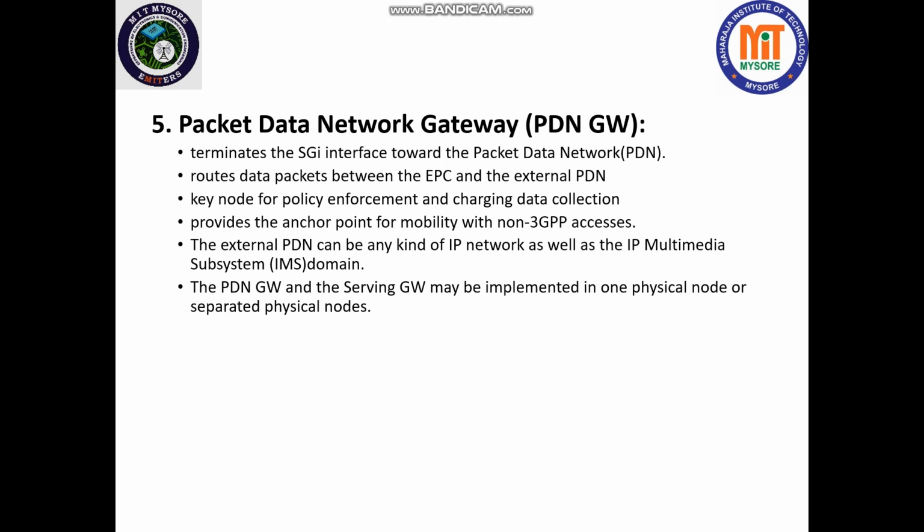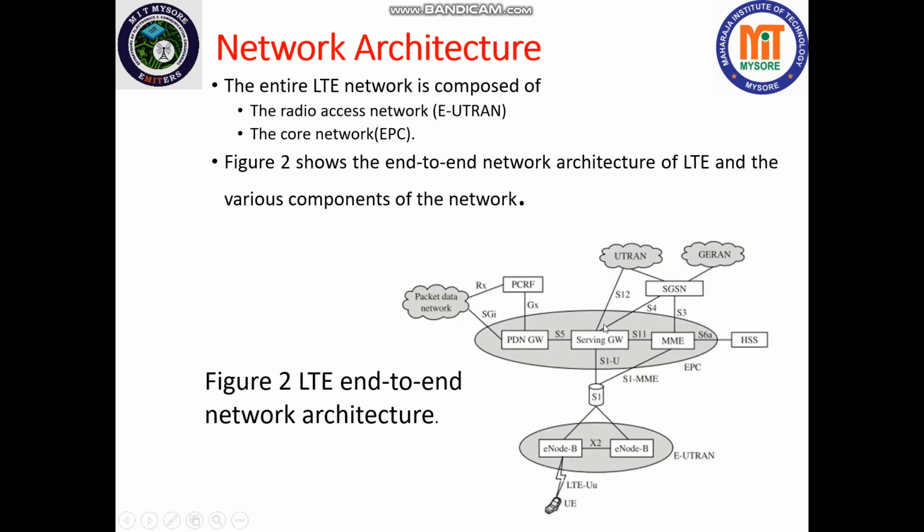The external PDN may be any kind of IP network as well as the IP multimedia subsystem domain. The PDN gateway and the serving gateway may be implemented in one physical node or separated physical nodes. So the main work of PDN gateway is to get the data from serving gateway and route it into other packet data networks which are outside our EPC core.